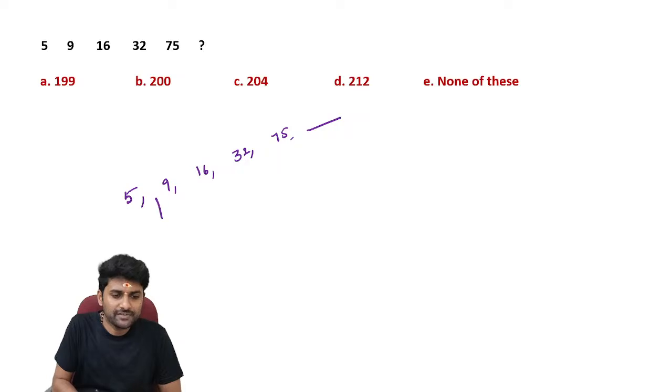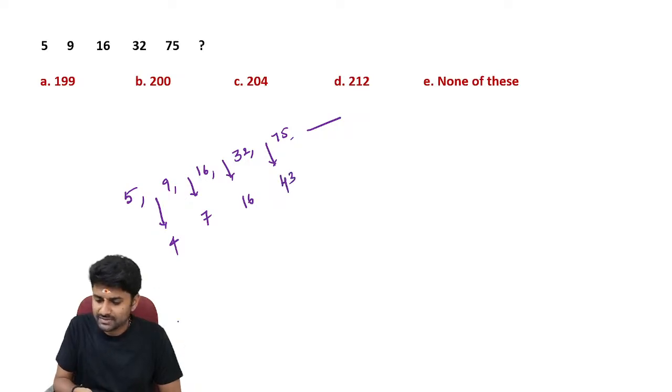Now here the difference between 5 and 9 is 4. 9 to 16 is 7. 16 to 32 is 16. 32 to 75 is 43. No proper sequence.